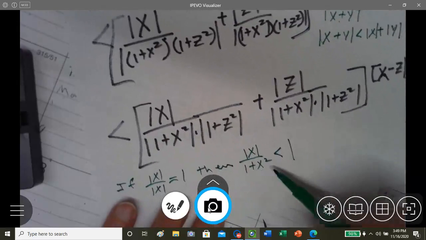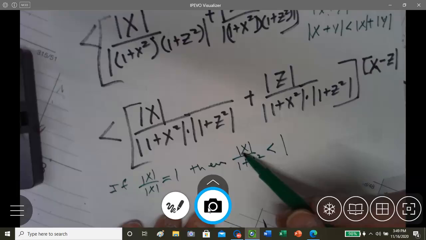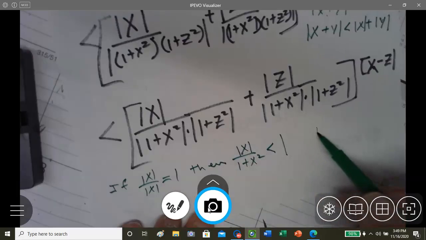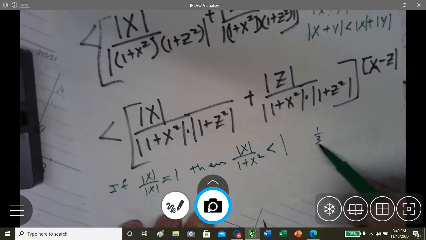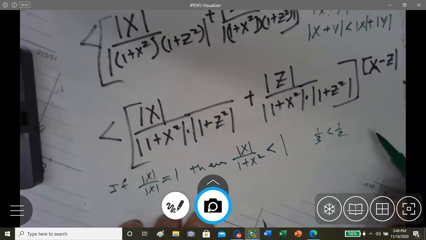Well, the larger the denominator, the smaller the number. 1/3 has a larger denominator than 1/2, but it's less than 1/2, right?